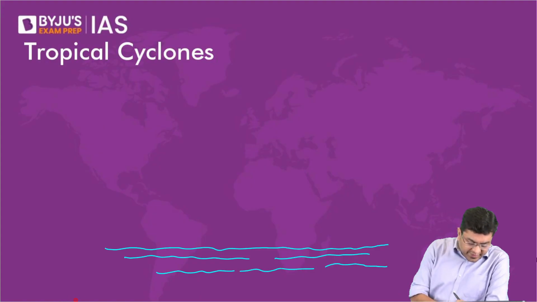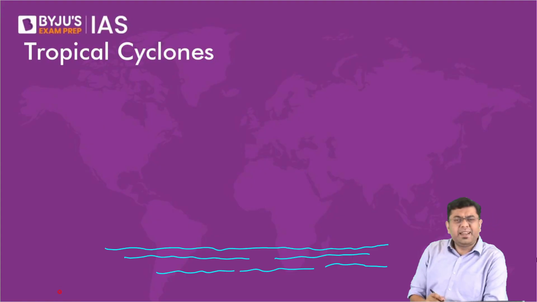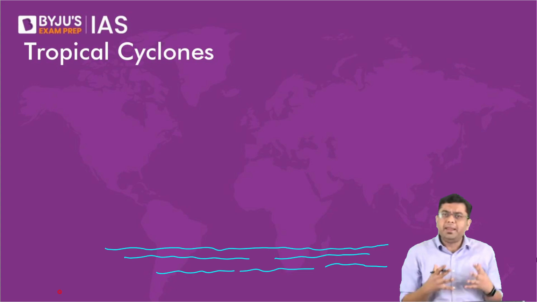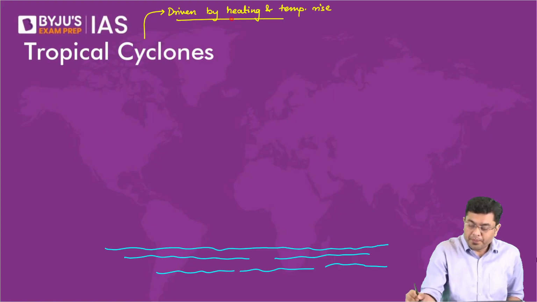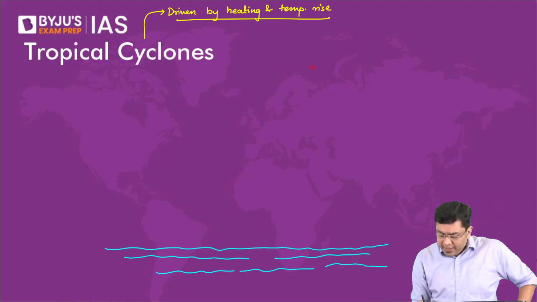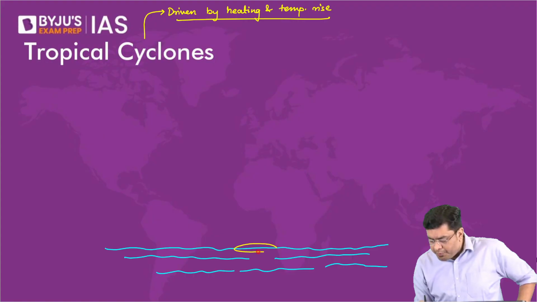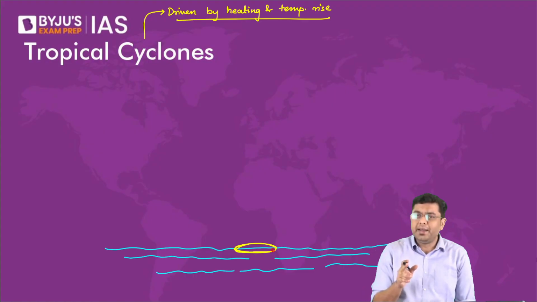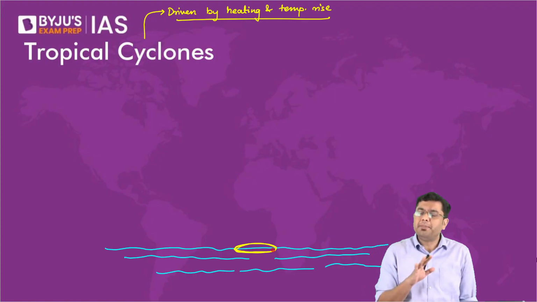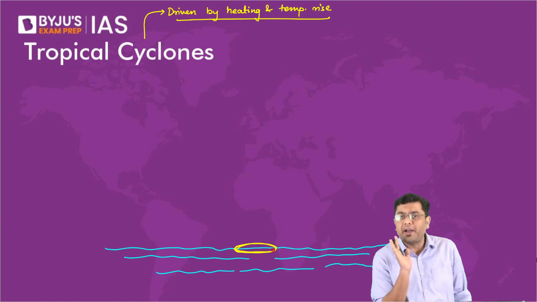Now, this gets created when the water bodies get heated up. This is driven by heating and temperature rise. Always. So let's suppose in this region, the temperature has increased beyond 27 degrees Celsius. In tropical waters, just to give you an idea, the average temperature is roughly around 24-25 degrees Celsius.